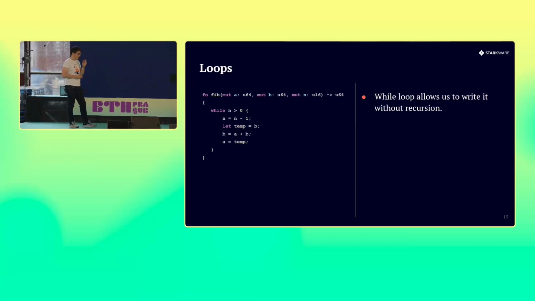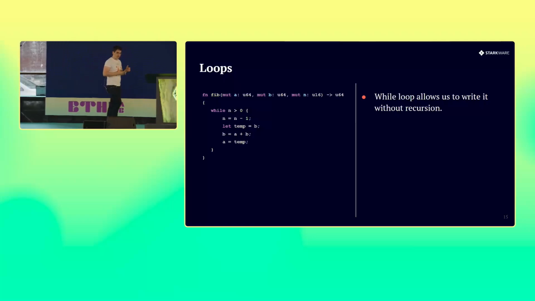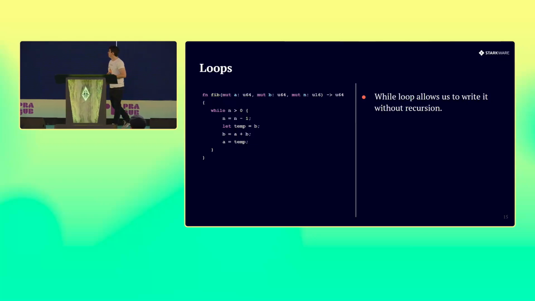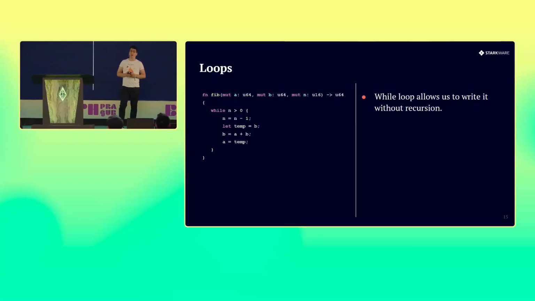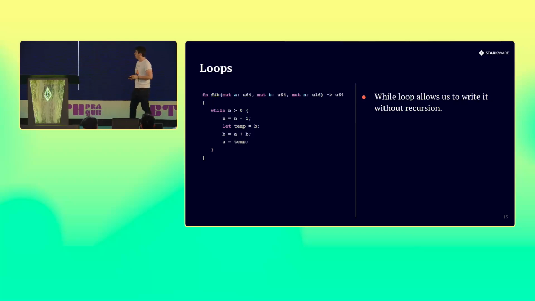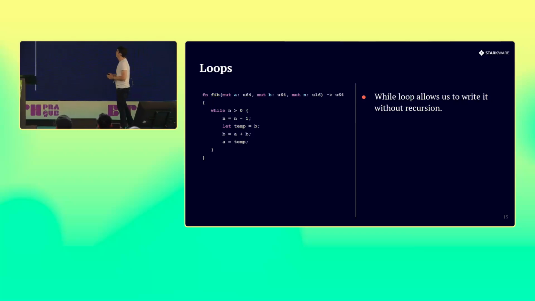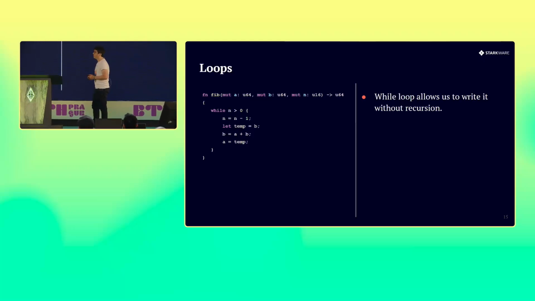Before the while loop, like a year ago, we introduced loop, which was even simpler. It's just while true. But now we have while loops. Soon we'll have for loops. We needed something for the for loops, but in the next version we'll have for loops as well. So again, Cairo, not that scary.